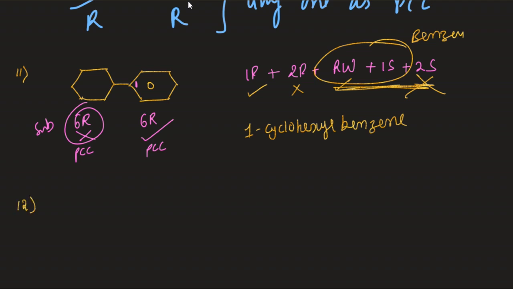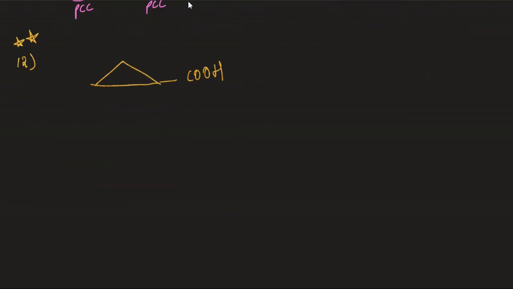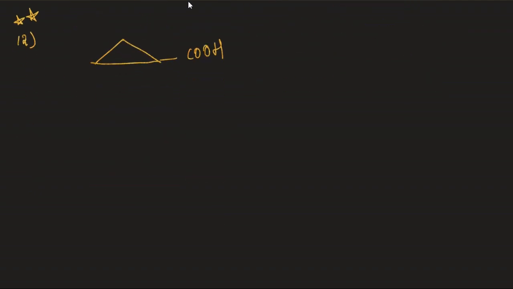Now, moving to the next one. This is very, very important. Right. So let us see here which one will be acting as a parent carbon chain. Okay. So now we have a total 3-membered ring outside, and here we have one carbon.